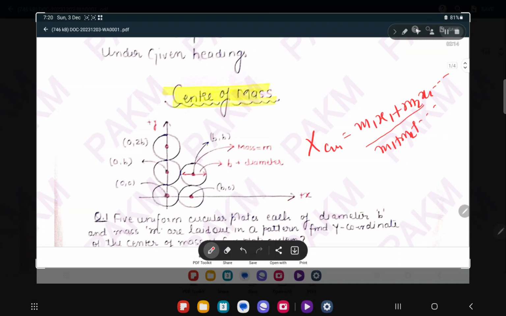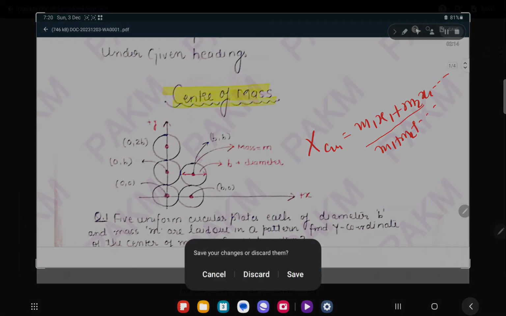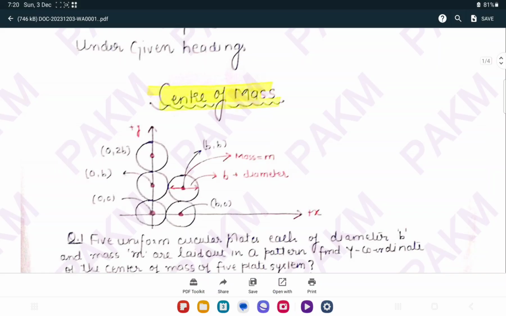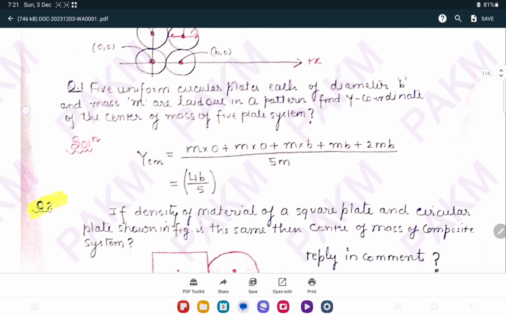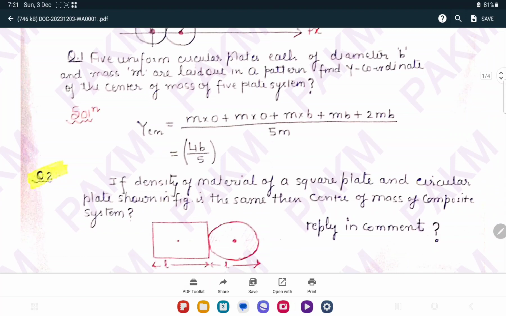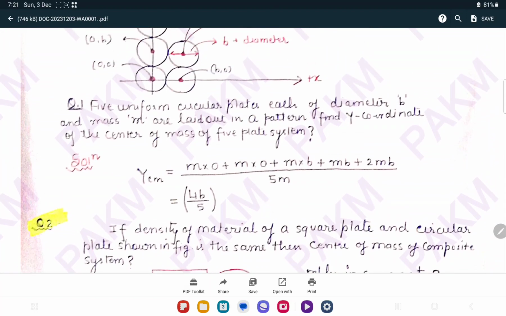By using this formula you can calculate the value of xcm, and respectively you can calculate ycm. One more clue for you: since symmetry exists here, once you calculate the x coordinate and y coordinate, I have calculated the y coordinate, and in the same way you can calculate the x coordinate as well. Clear?